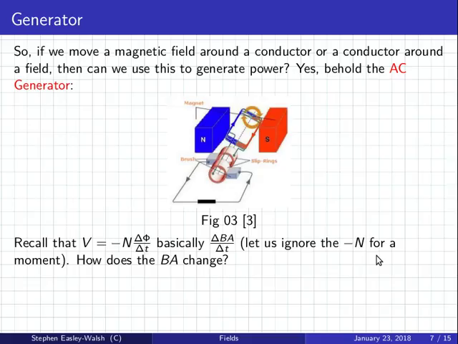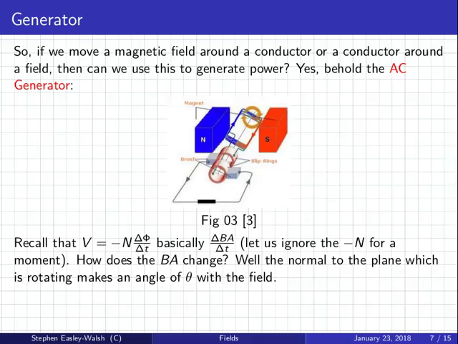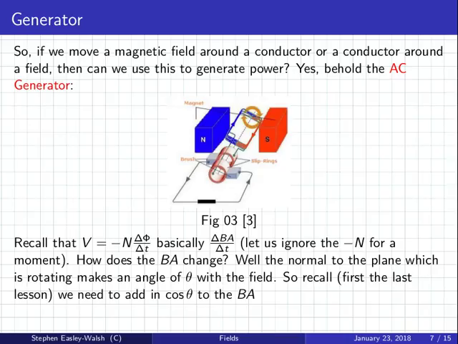We actually know how it's changing. Remember, we had the formula flux equals BA, but that's if it's perpendicular. If it's at an angle, then we have the formula BA cos theta. Because the angle is changing, we need to consider the theta, so we have to add a cos theta.